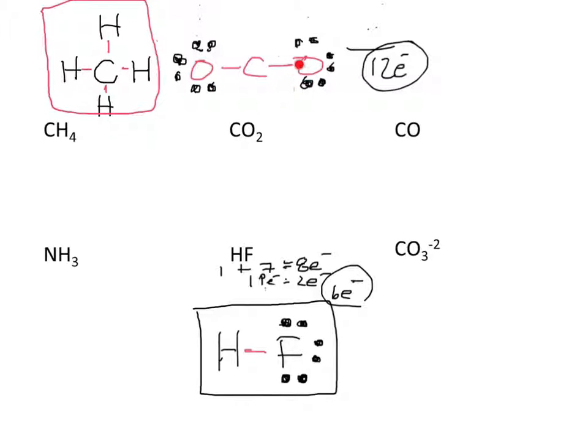Now let's look at the carbon ones. Remember, we have to include the whole bond for the carbon right in the middle here. And we have 1, 2, 3, 4. So carbon does not have the proper number of electrons to complete its octet. So what are we going to do? Well, we're going to use these electrons here, and we're going to bring them down and make a bond here.